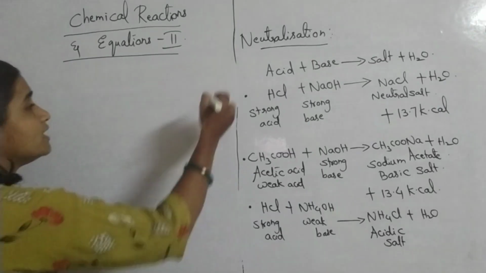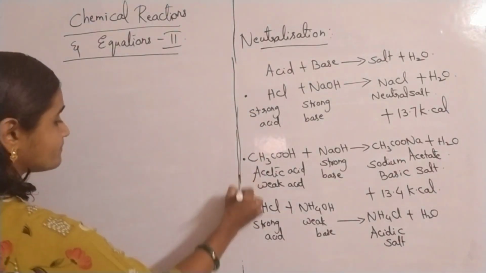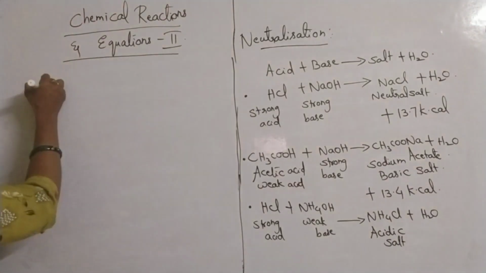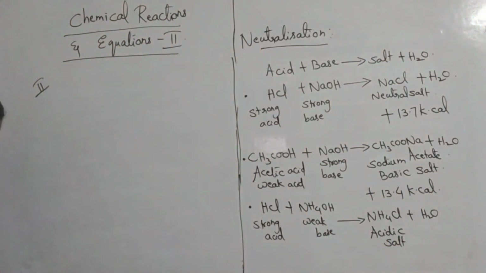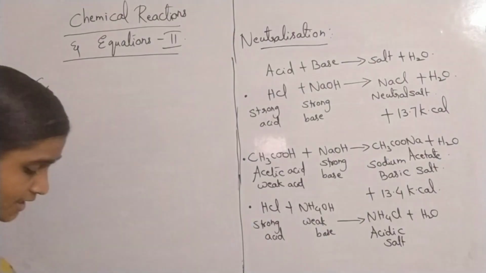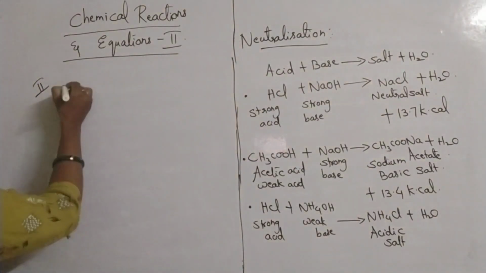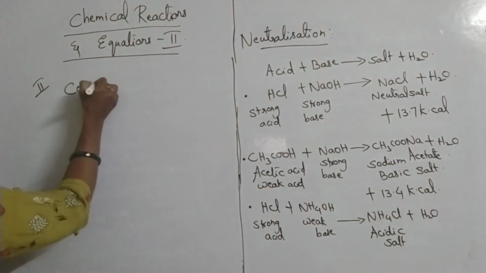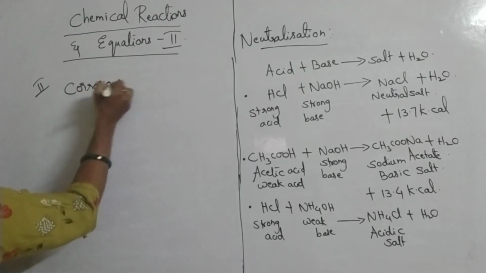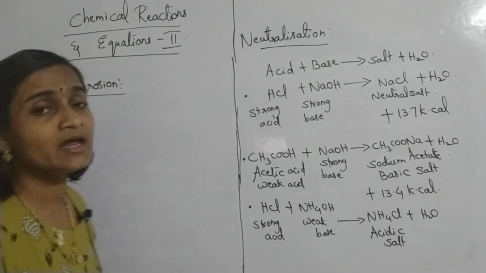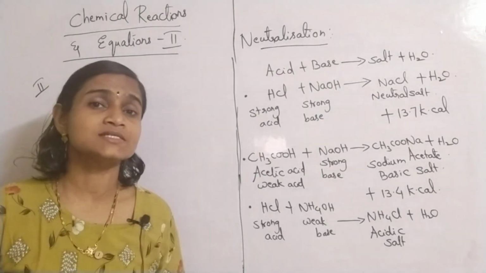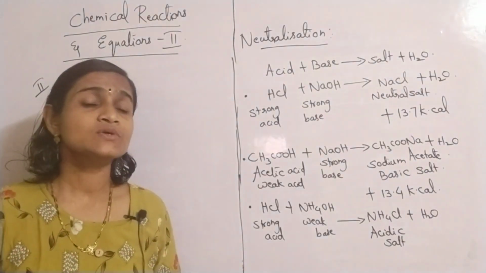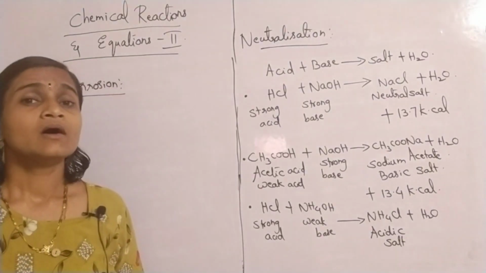Next we will be moving on to the second type of reactions which we have to discuss, that is corrosion reactions. The second type of reactions in today's class is corrosion reactions. What is corrosion? Like iron articles getting rusted, you all know that. So what happens over there?